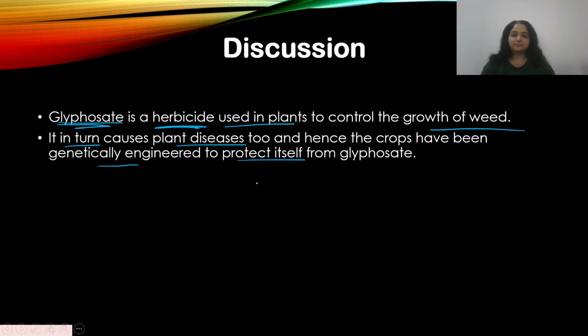Obviously, it helps in crop management by getting rid of weeds, but on the other hand, it also causes lots of diseases. So to counter that, they have been genetically engineered in such a way that they are not affected.